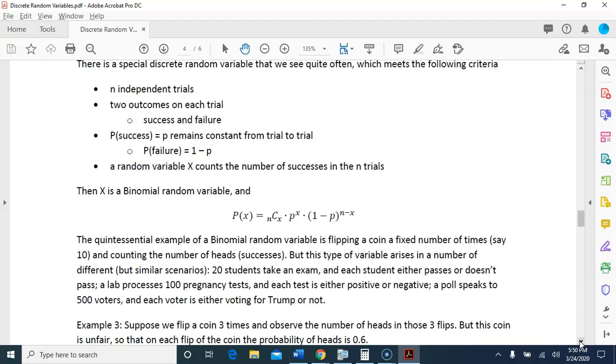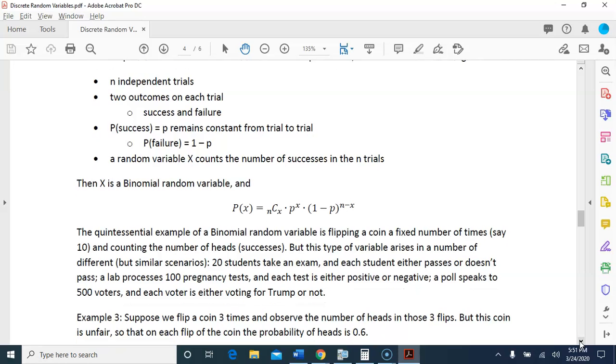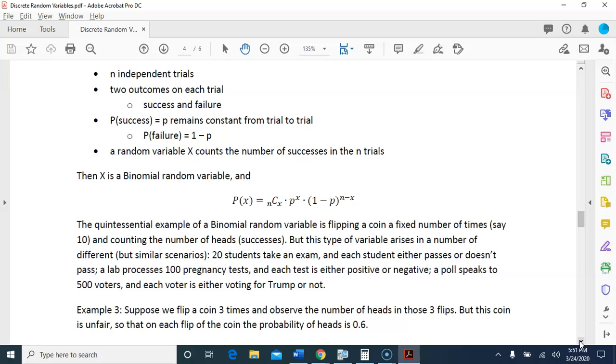Probability of success is the same on every flip of the coin, and the coin flips are independent of one another. But you could also have a lab that's processing 100 pregnancy tests, and each pregnancy test is either positive or negative. So there's a lot of different situations that fit into this binomial setting.